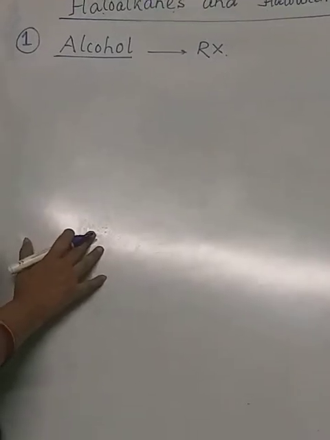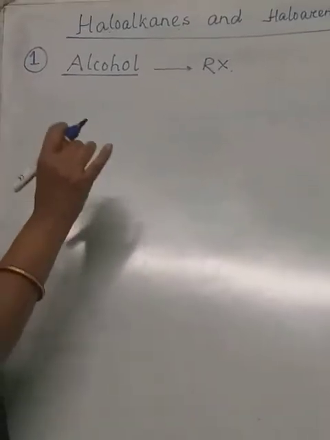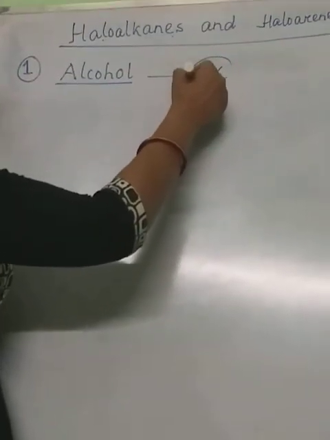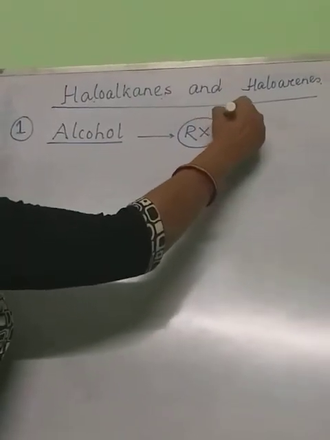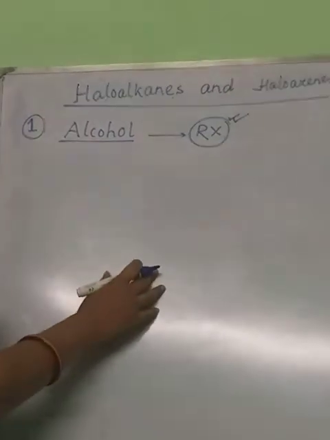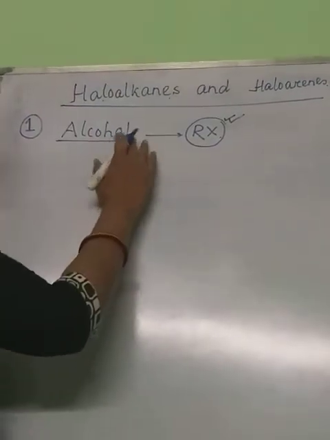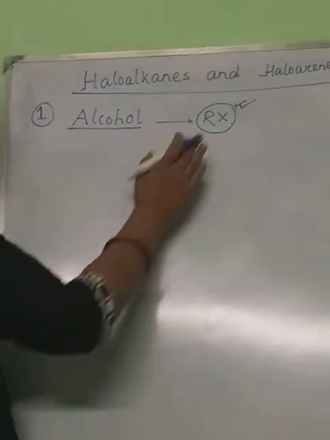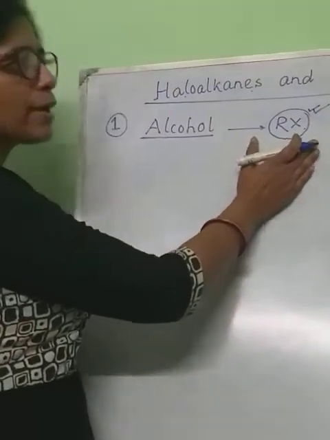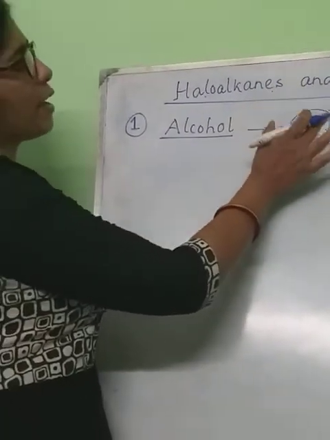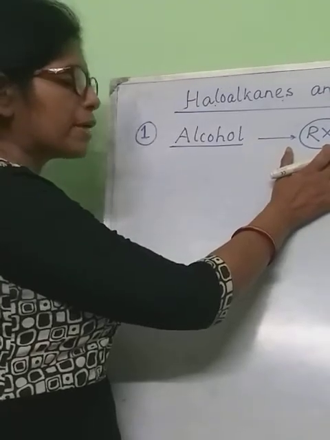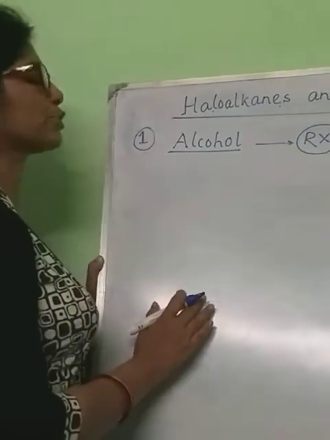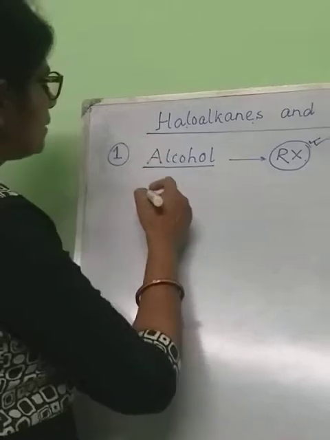Now, as you all know, large scale manufacture means we are getting this in ample quantity. That means the yield of the product is much more than the haloalkanes obtained from other sources.